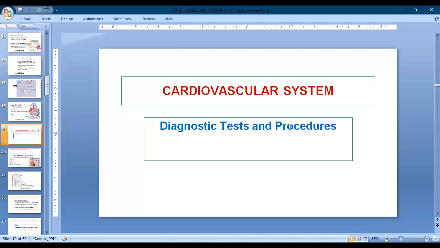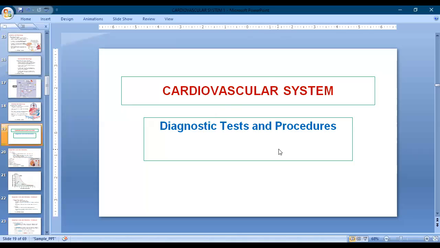So cardiovascular system, we are going to focus here on diagnostic tests and procedures. If you ask me, what are the diagnostic tests and procedures?